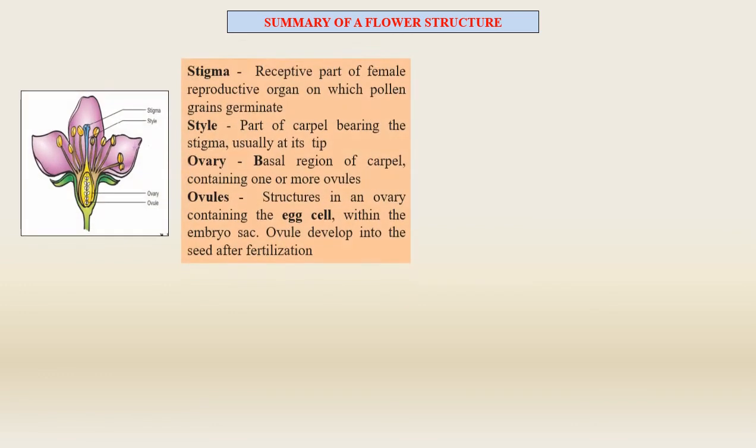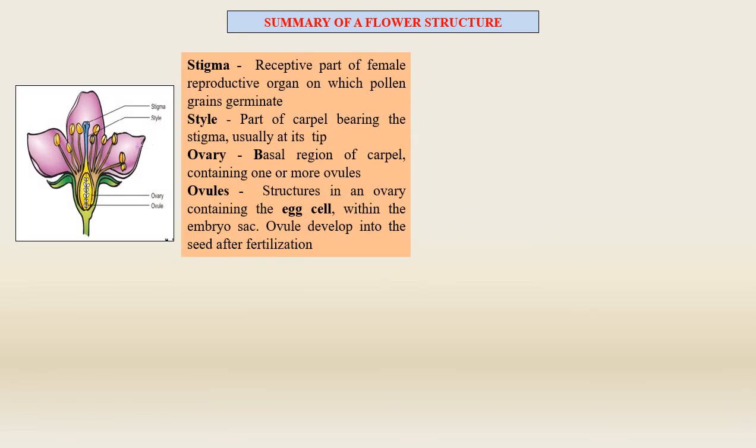Female reproductive organs. Stigma, the receptive part of the female reproductive organ on which pollen grains germinate. Style, part of the carpel bearing the stigma, usually at its tip. Ovary, the basal region of the carpel containing one or more ovules. Ovules, the structures in an ovary containing the egg cell within the embryo sac.